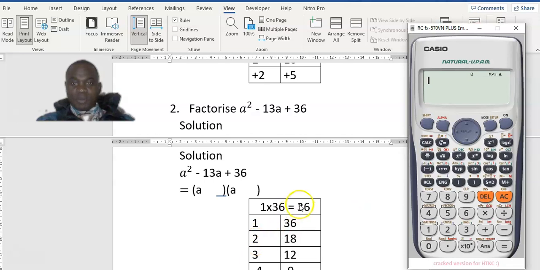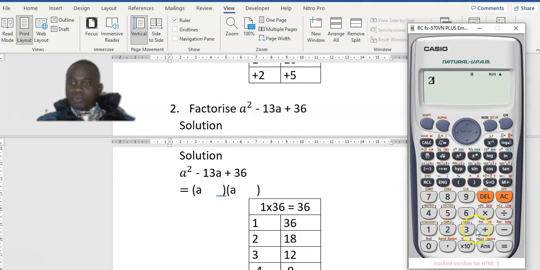2 times what number will give us 36? How do you get it? You say 36 divided by 2. It gives us what? 18. Alright, this gives us 18. So let's check whether 2 plus 18 is going to give us negative 13.